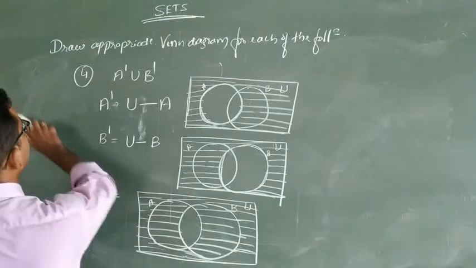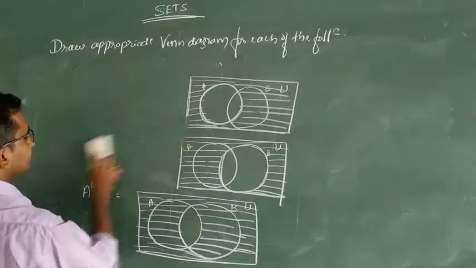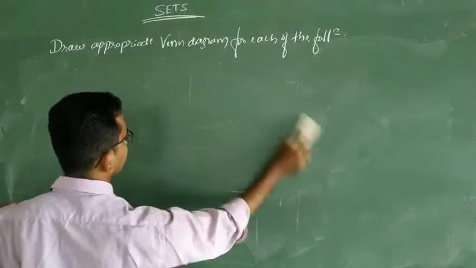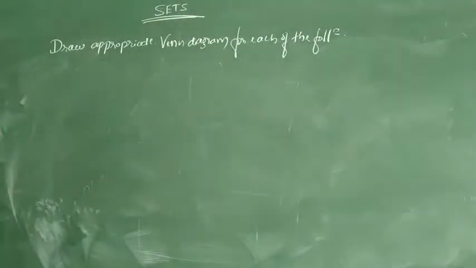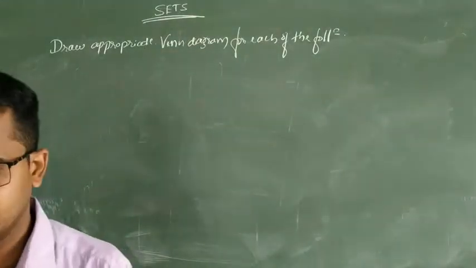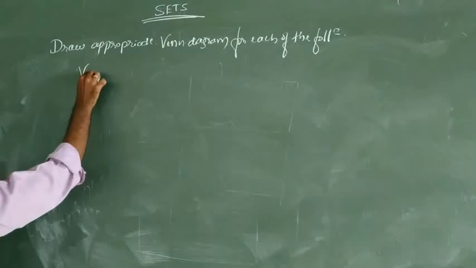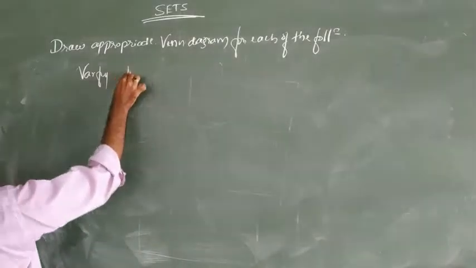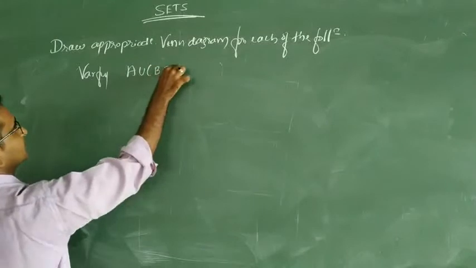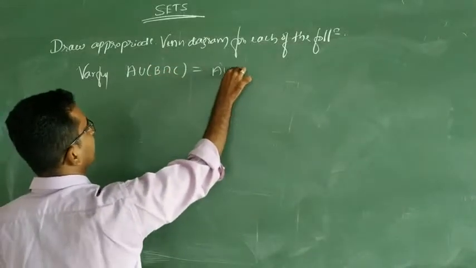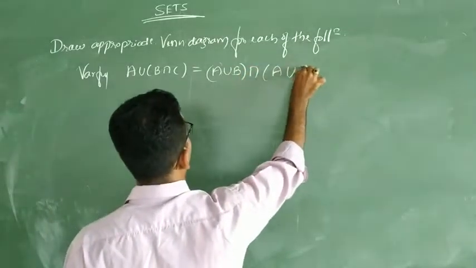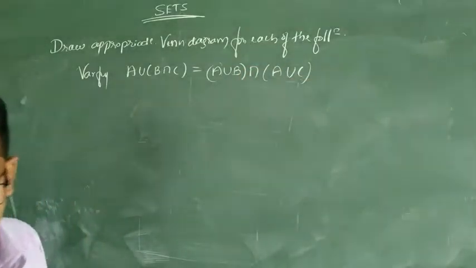Verify the next one. Verify that A union B intersection C is equal to A union B intersection A union C. That is nothing but the distributive law.